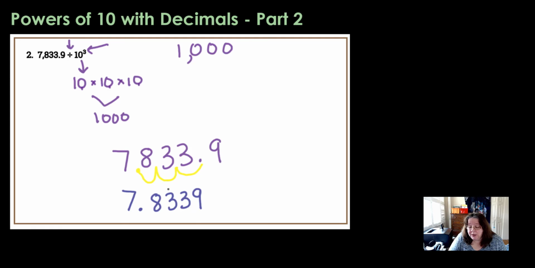If we had put that in our place value chart, we would see that this is tenths, hundredths, thousandths, ten-thousandths. So our number is 7 and 8,339 ten-thousandths. Thank you for joining me.